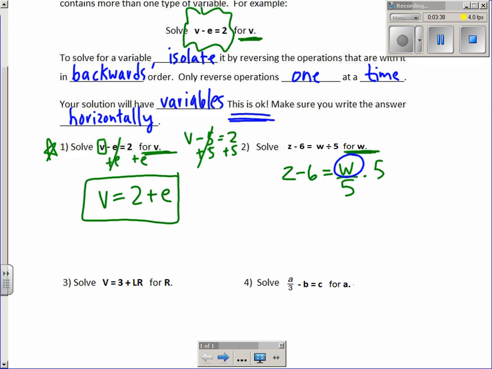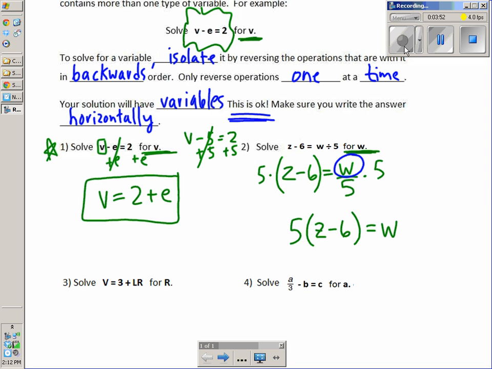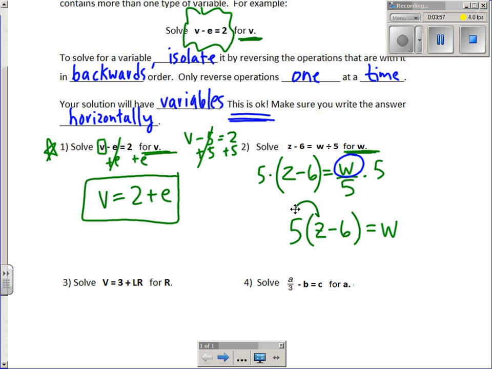In this case, it's going to be that entire z minus 6 that's being multiplied by 5. So that would be an acceptable answer, but I'm just going to go ahead and distribute that 5 into those other terms. So I would have 5z minus 30 equals w.